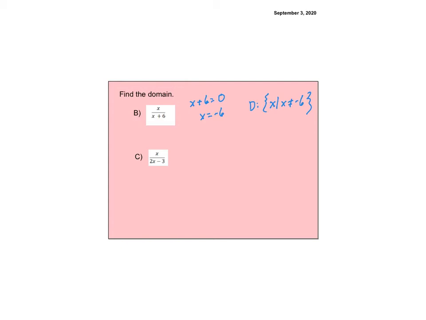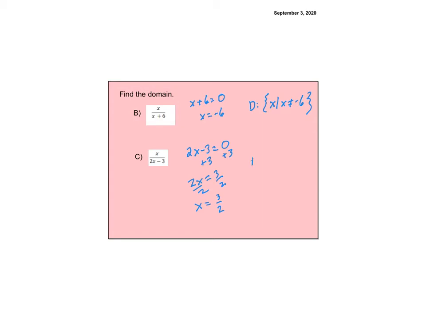Alright, so letter C, again, it's a rational expression. So I'm concerned about there being an x in the denominator, and there is. So since there is an x in the denominator, I'm going to have to set that equal to 0 and solve for x. So I'm going to have to add 3. I get 2x equals 3. Divide by 2, and x equals 3/2.